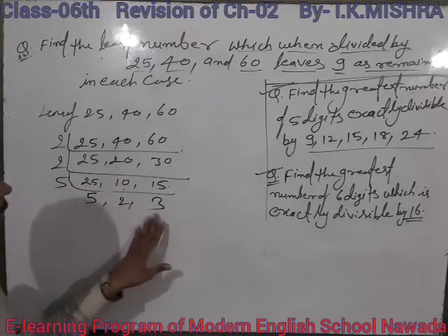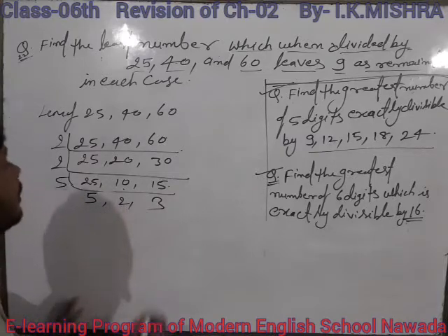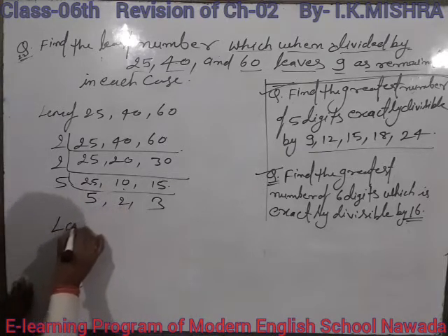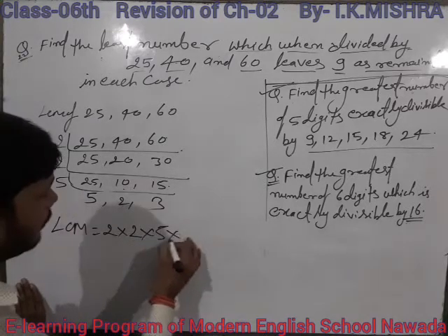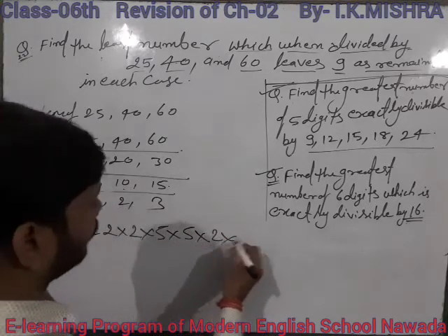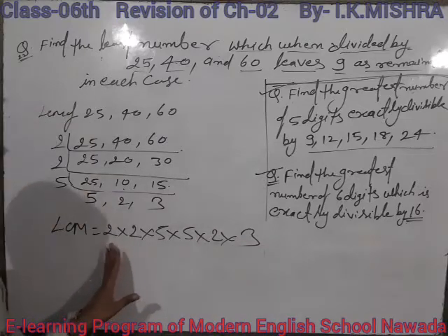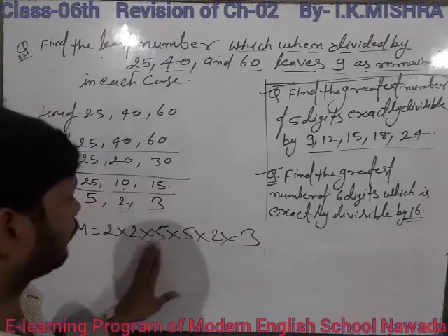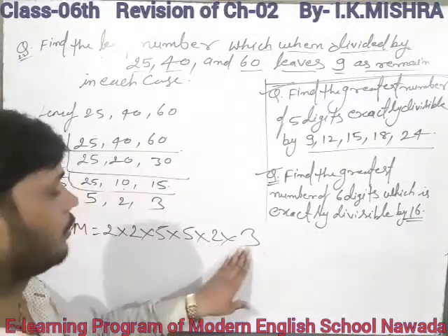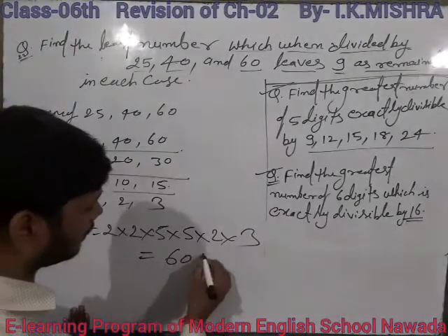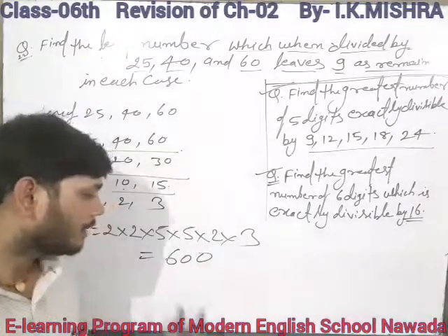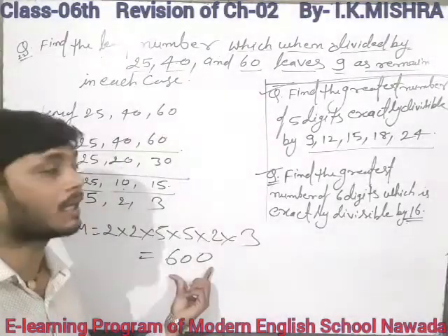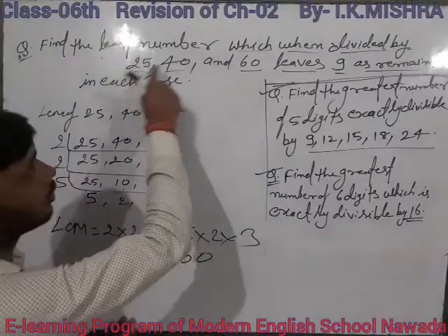Students, after that nothing is common, so the LCM becomes 2 into 2 into 5 into 5 into 2 into 3. Friends, when you multiply it, 2 into 2 into 5 into 5 into 2 into 3 is equal to 600. Now students, observe, 600 is the least number that is divisible by all of these.